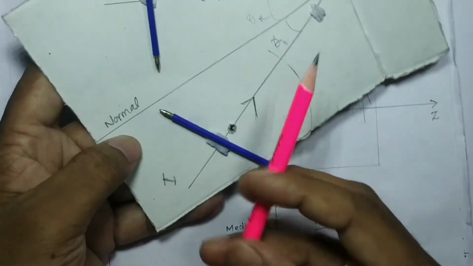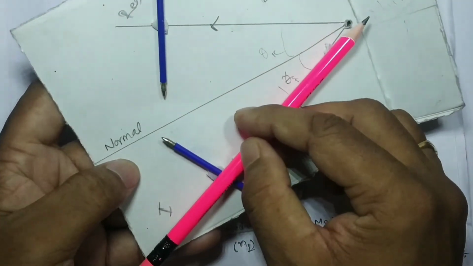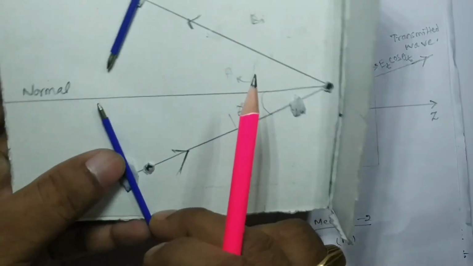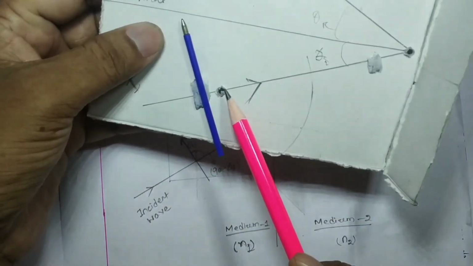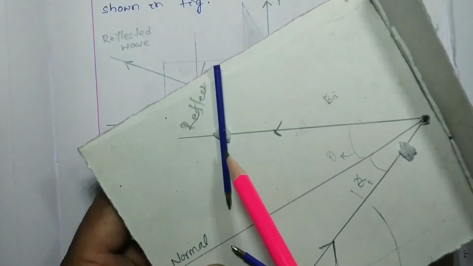This is the line along which it is propagating onto this interface, so this component is always perpendicular. Likewise, the reflected one is also perpendicular.